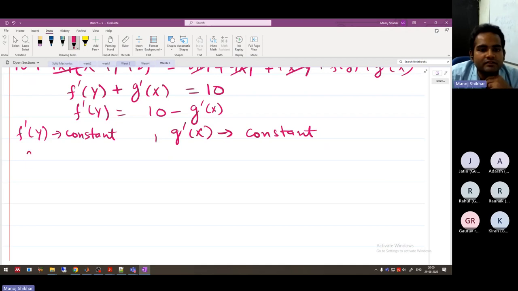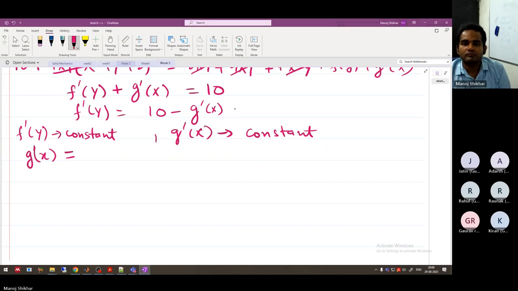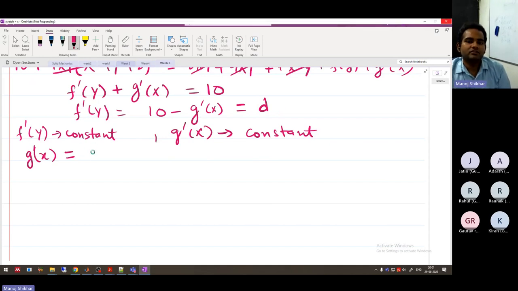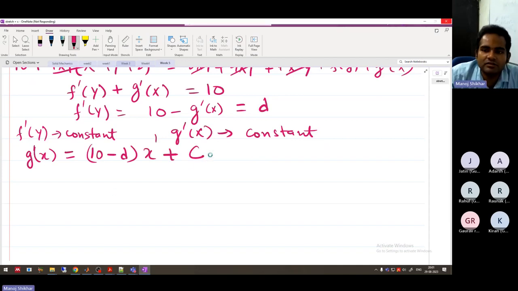So suppose g prime x is a constant. What does that mean? Its integration will be a linear function. So g of x will be what? Let us say this constant is d, because f prime y is d. So g prime x will be 10 minus d, and g of x will be (10 minus d)x plus some constant, let's say c3.